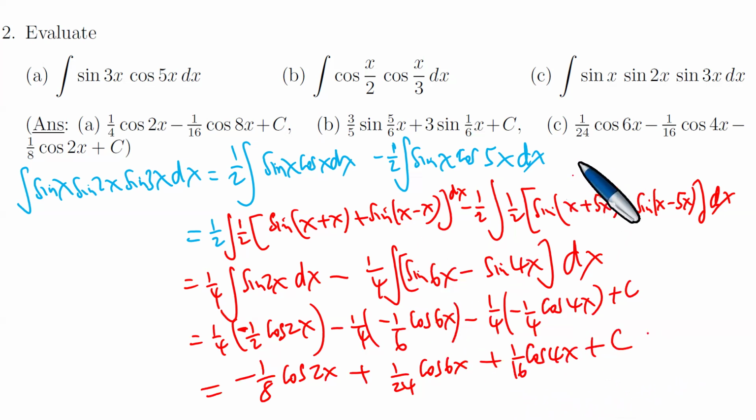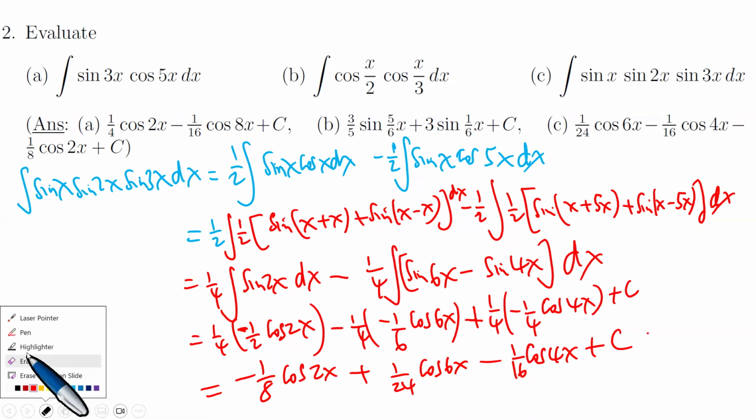So now you have 1/24 the cosine of 6x, and then let us check the signs here. This negative by negative is going to be plus, so that this is going to be exactly minus.